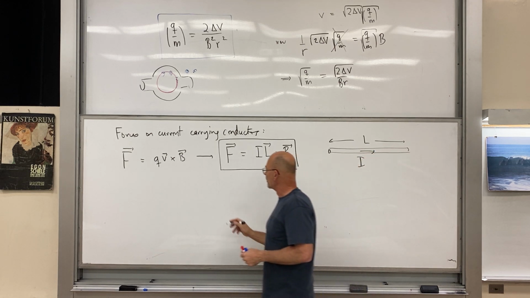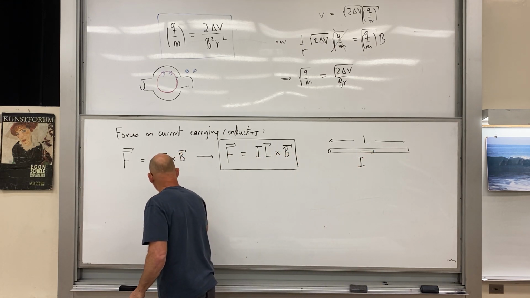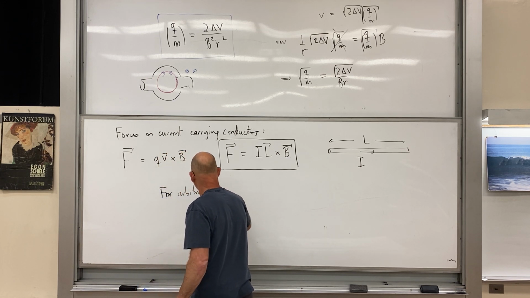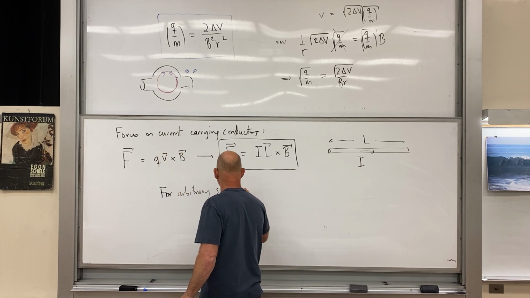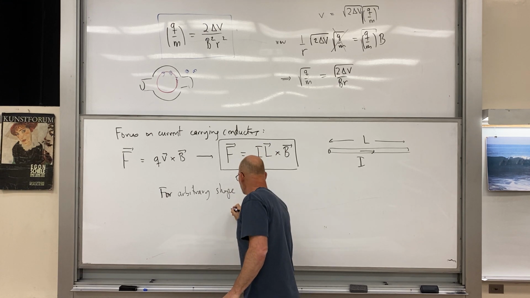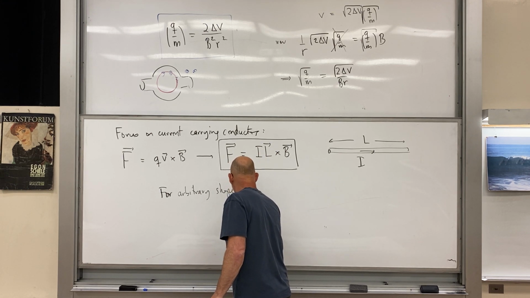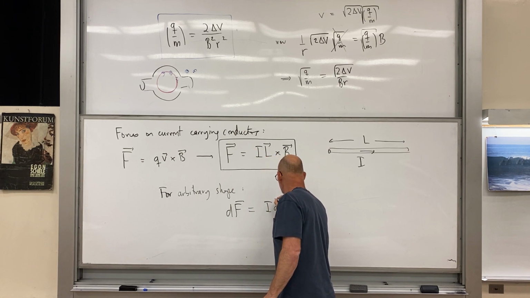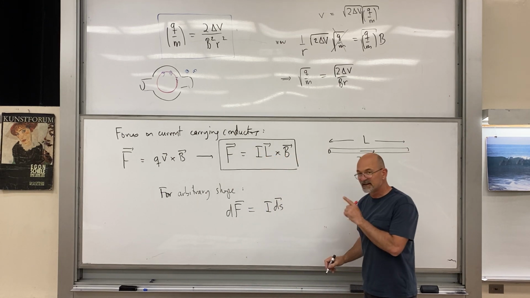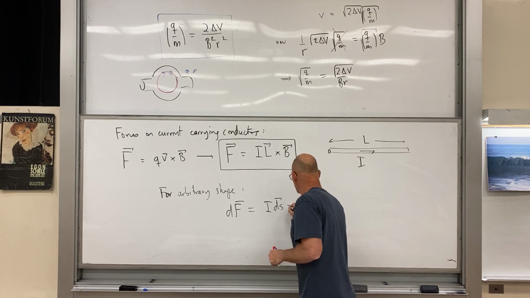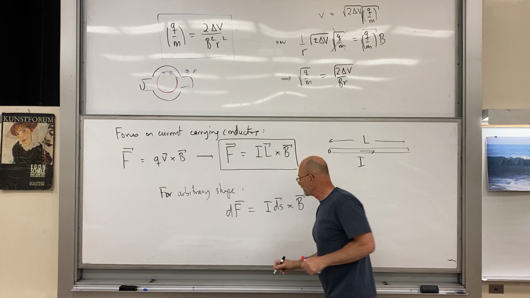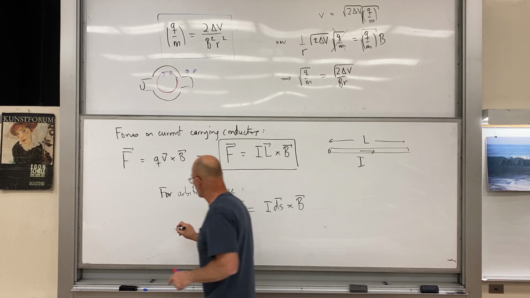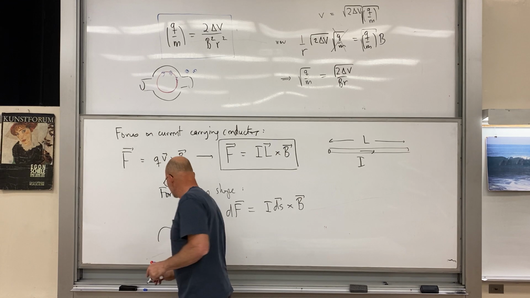But for an arbitrary shape, we have to use a differential. dF equals I, and we'll have a directed infinitesimal element ds cross B, and then we can integrate this up for the total force on some length of wire that looks like this.